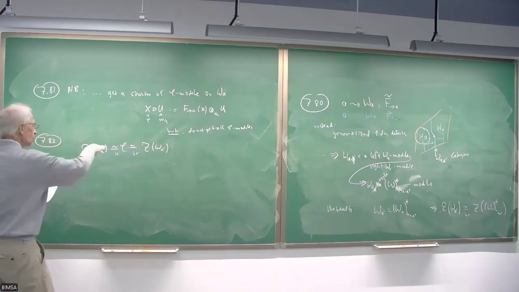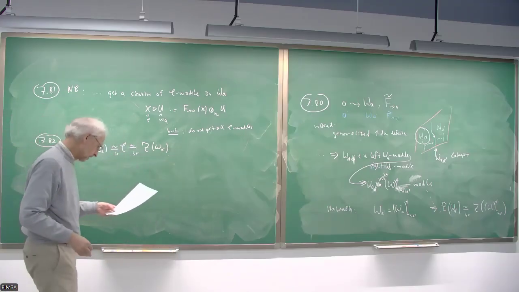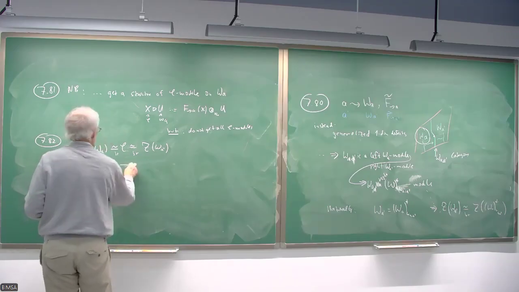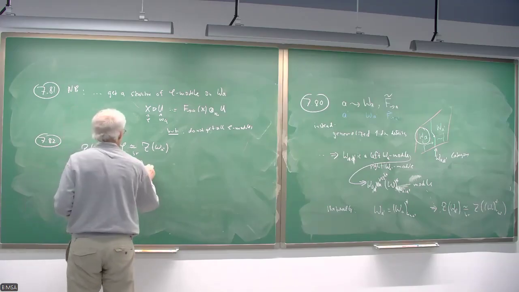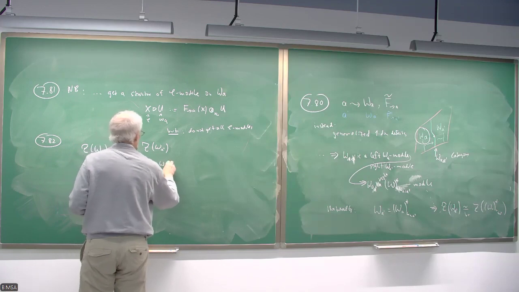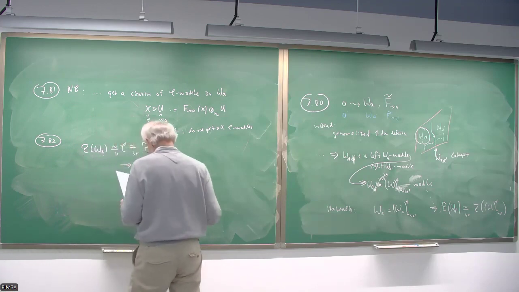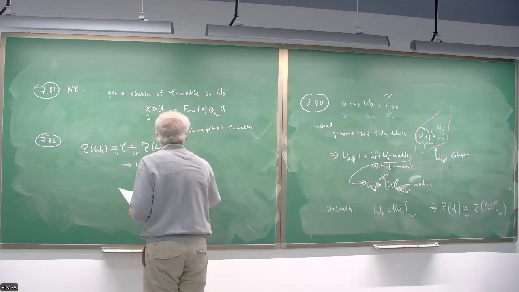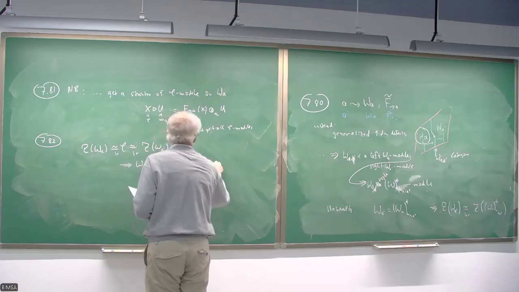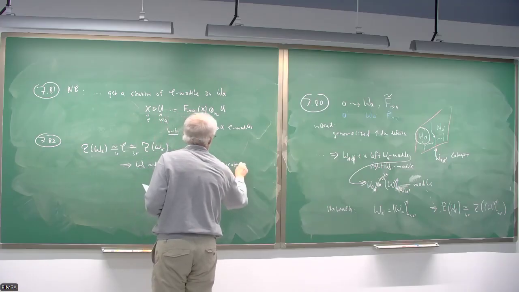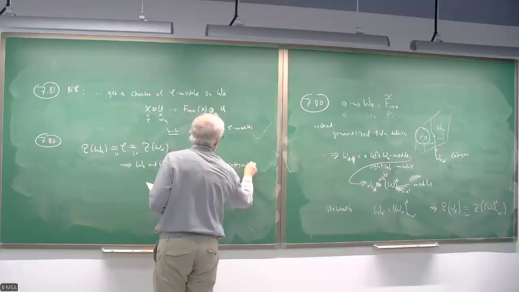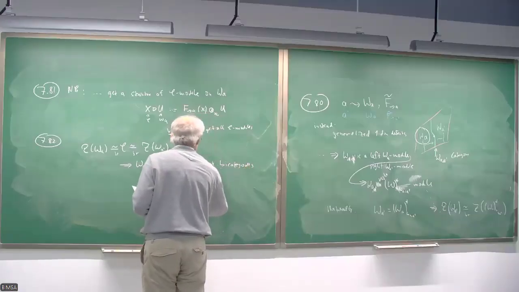But if two centers are braided equivalent, then this means that W_A and W_A prime have equivalent bicategories of module categories.